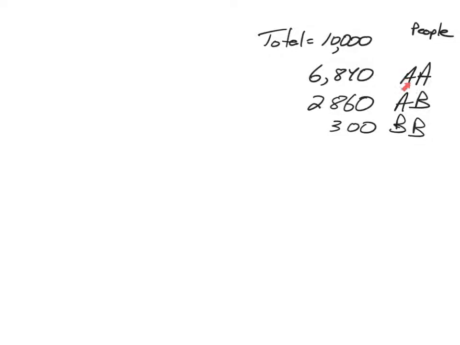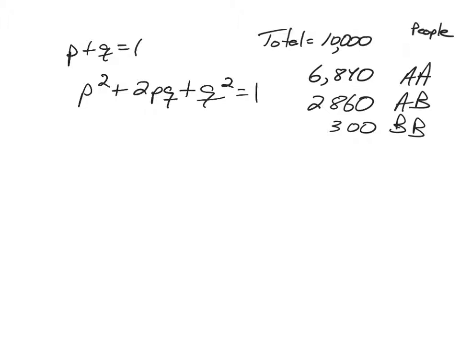If you're only dealing with A or B, if you're only dealing with 2 possibilities, then p plus q is still equal to 1, and p squared plus 2pq plus q squared is still equal to 1. So you're still good. You can still use it.